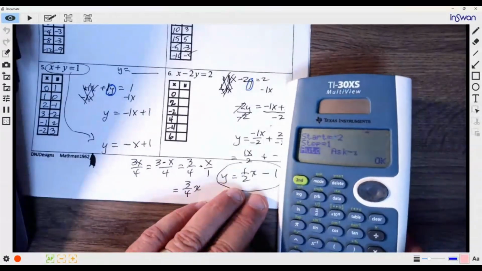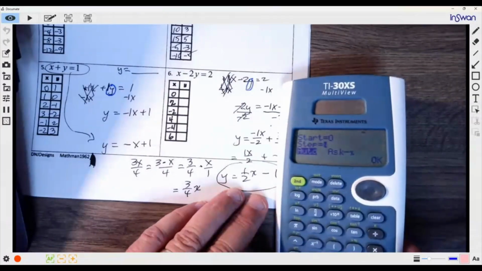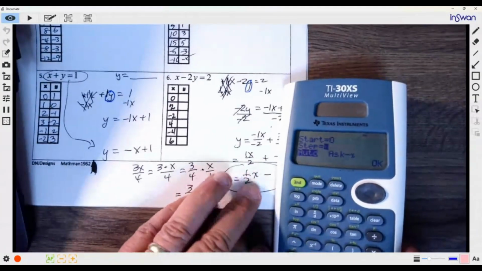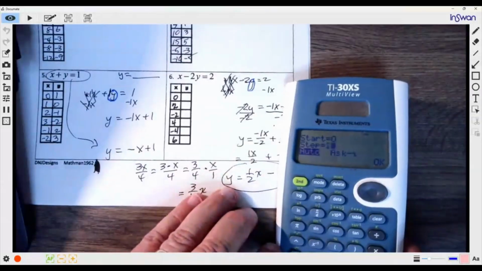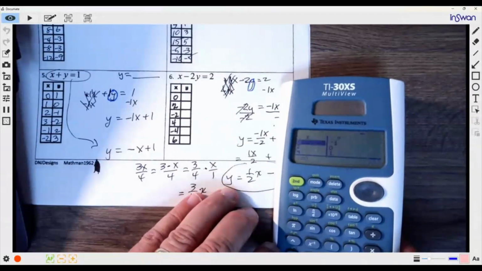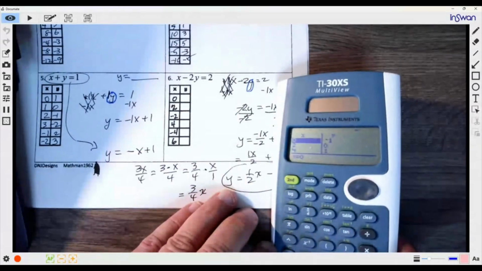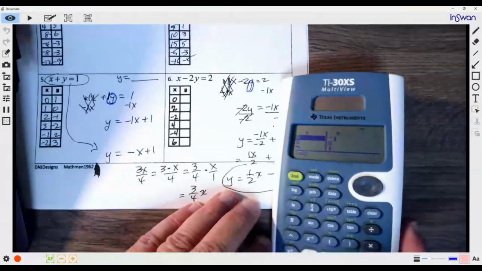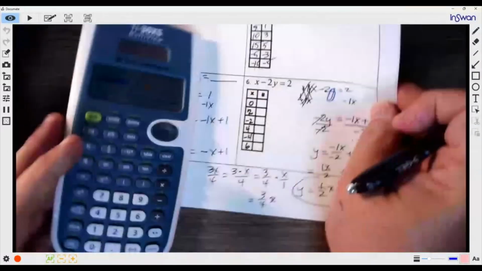Enter. We're going to start at 0. We're going to step 2 because we have a fraction and we want this fraction to disappear. Step 2, auto, OK, enter. 0, 2, 4 are our x values there.